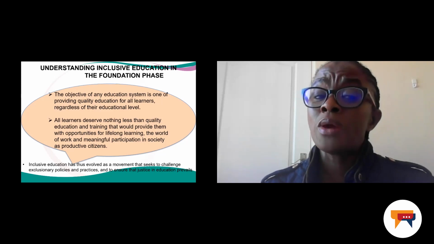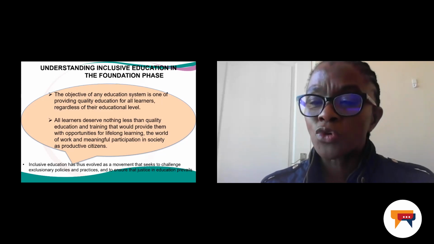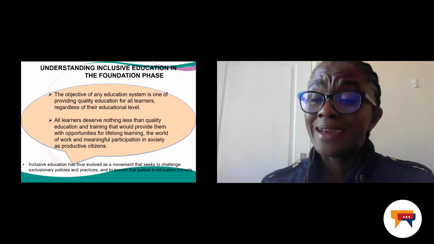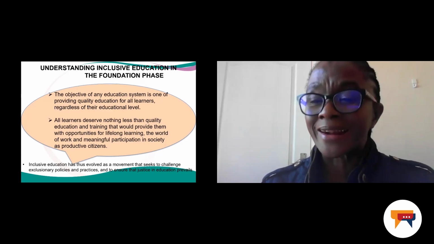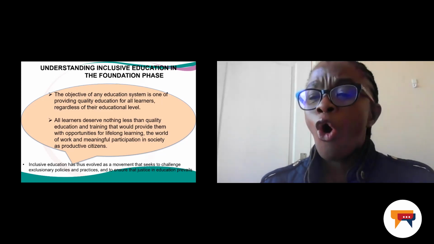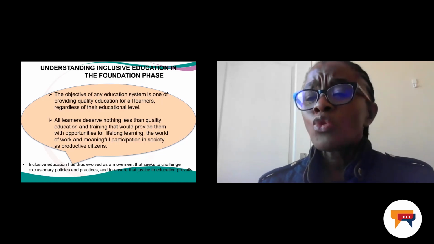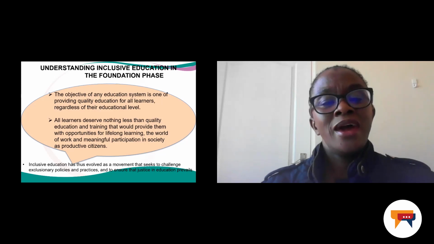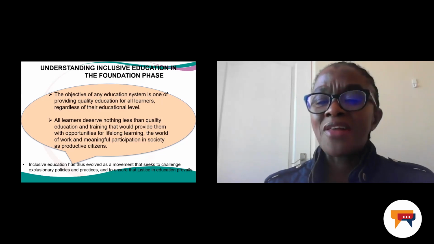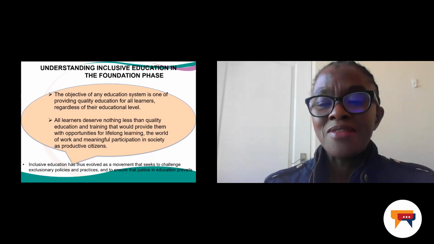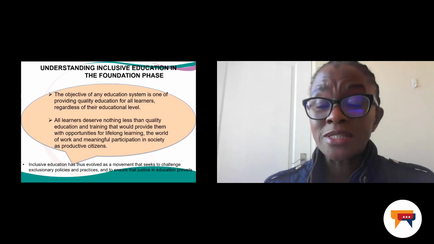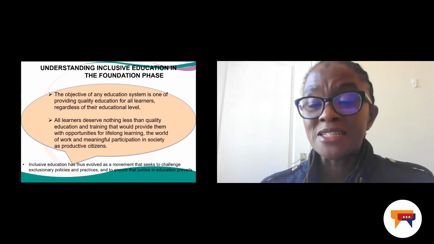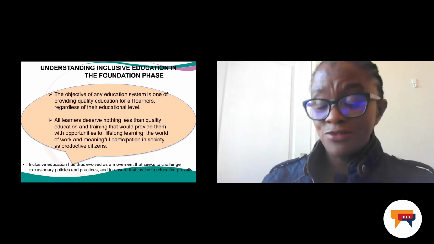When we are able to identify barriers to learning at an early stage, and we provide the relevant support to those learners, all learners, then we know that we are providing quality education. And all learners deserve nothing less than quality education and training that would provide them with opportunities for lifelong learning, the world of work, and meaningful participation in society as productive citizens.